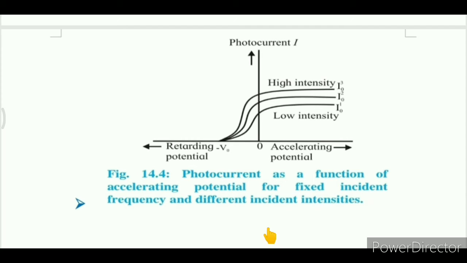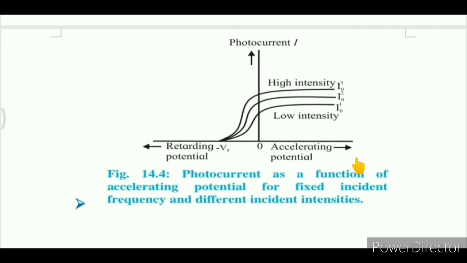Now it is found that the photoelectric current increases with an increase in positive potential. As you can see in this graph, the photoelectric current is represented on the y-axis. On the positive x-axis, we are talking about when plate C is made positive.